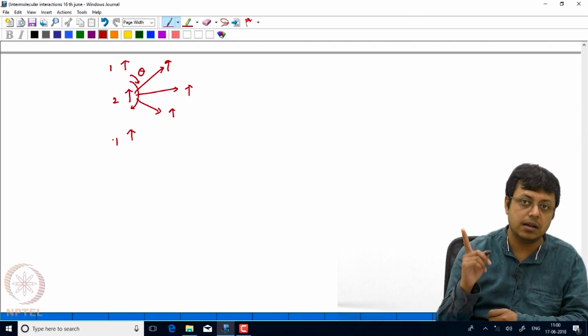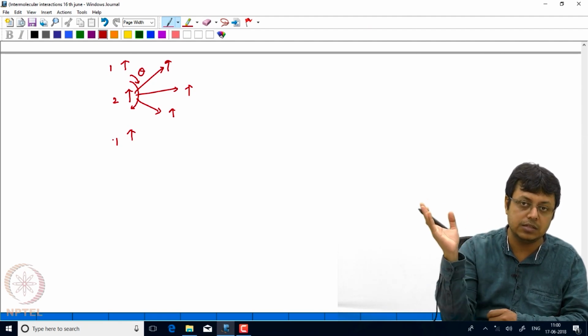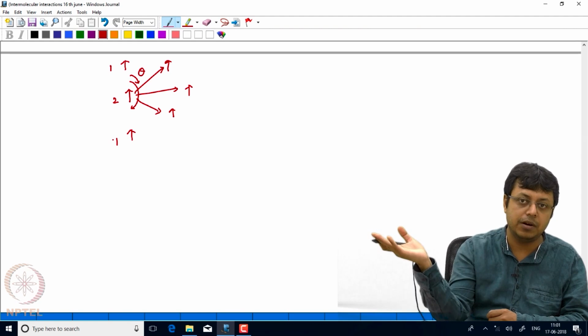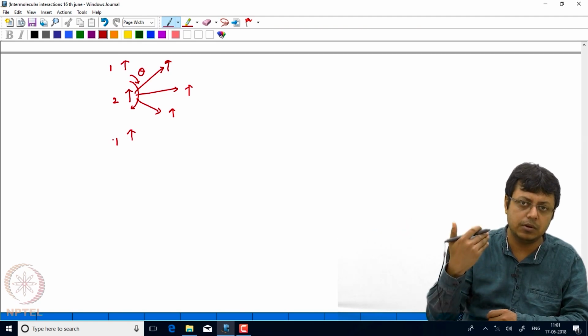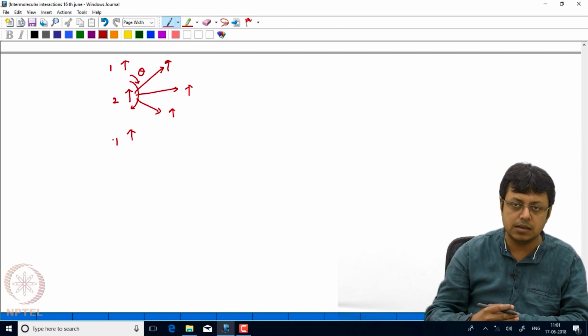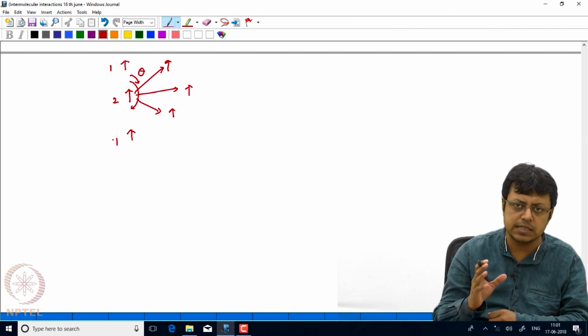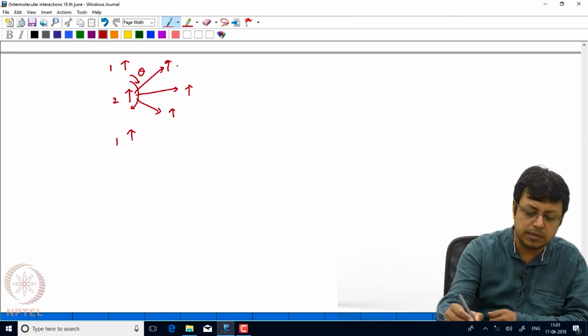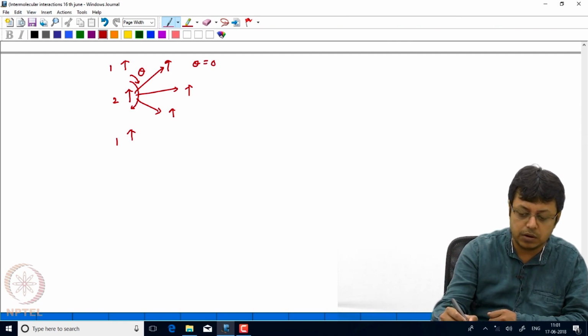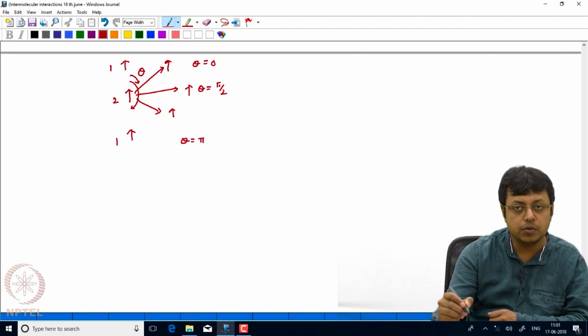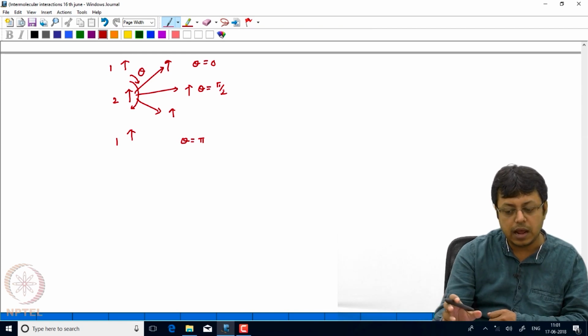This is the same as rotating a dipole in an electromagnetic field, and as we said, we will have some preferred orientation, and there we talked about the potential energy. As you can see here, theta equal to 0 and theta equal to pi will be the most preferred orientations, and theta equal to pi by 2 will be the least preferred orientation, and the interaction energies are different for that.